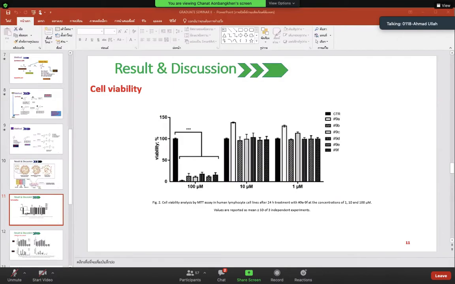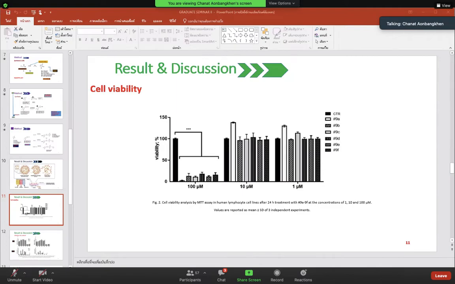You mentioned that in this paper they made 9 derivatives of your compound rhodamine. So I have a question on biological activity. Could you please give us information on which compound will give a good activity? From this slide, we use the derivatives that have been synthesized here at different concentrations: 100 micrometer, 10 micrometer, and 1 micrometer.